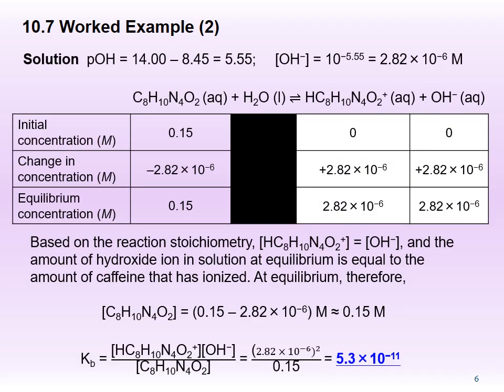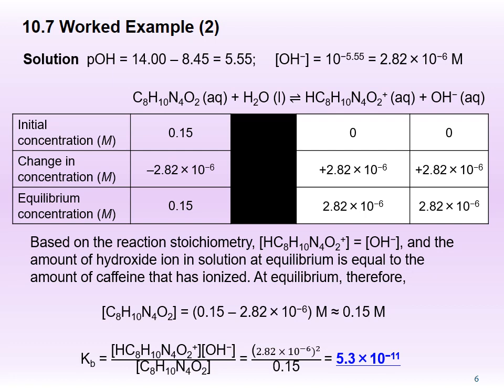By subtracting 8.45 from 14.00, we get the pOH value of 5.55. The hydroxide ion concentration is equal to 10 to the power of negative 5.55, which is 2.82 times 10 to the power of negative 6 molar.